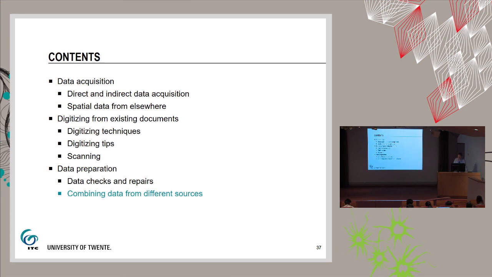Now there's one thing left, that's the combination of data from different sources. If you have data from different sources, that's nice because we have a lot of freely available data nowadays, but they might have different accuracies, and they might have different detail. And you have to do cleanup operations to merge them together. That's what is meant by this.